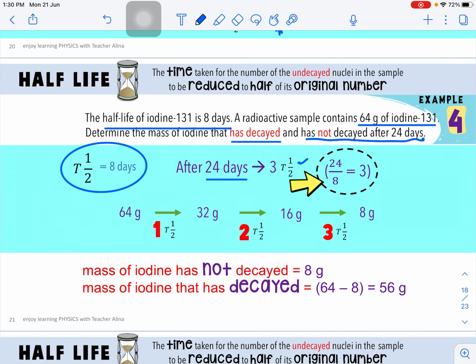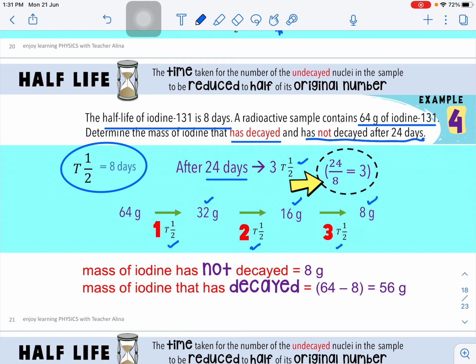So for 3 half-life, what is the mass of the element that has decayed, and what is the mass that has not decayed? 64 half is 32 gram. 32 gram half is 16 gram. 16 gram half is 8 gram. So how many half-life? 1, 2, 3 half-life.